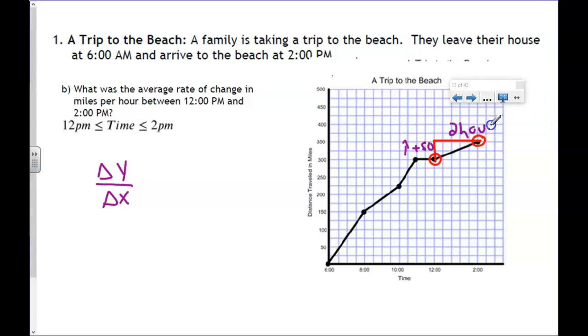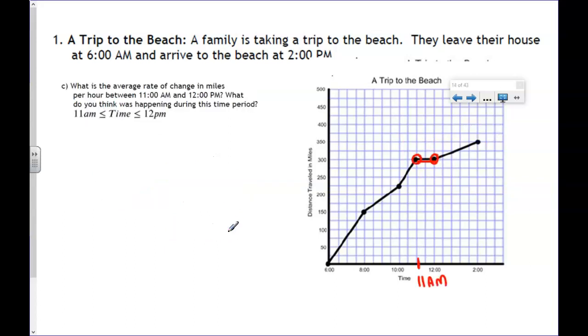And usually this is how it works out when I go on vacation, at least. When I get closer to somewhere, I go a little bit slower. So let's see. I got 50 miles. That was the vertical change over the horizontal change, which is 2 hours. So it appears my speed was 25 miles per hour.